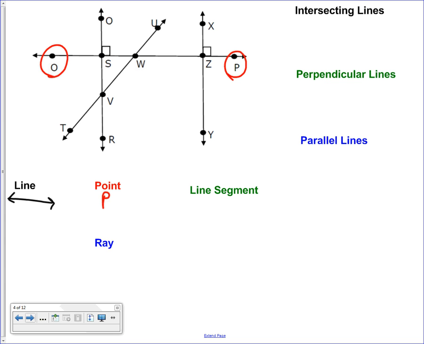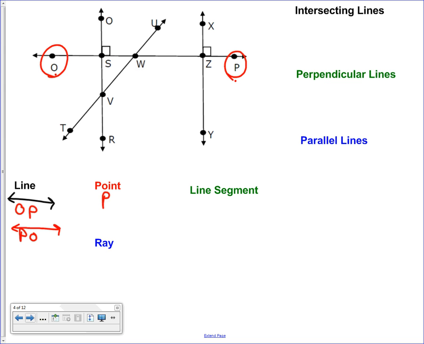So the line that I'm talking about here is line OP. Now I can flip that around. I could also call it line PO. All that's saying is, hey, there's a line, it's going on forever and ever and ever, and 2 points on that line are P and O. And so that way you're looking at it going, alright, where is it? Oh, there it is. There's my O, here's my P. He's talking about this line right here.